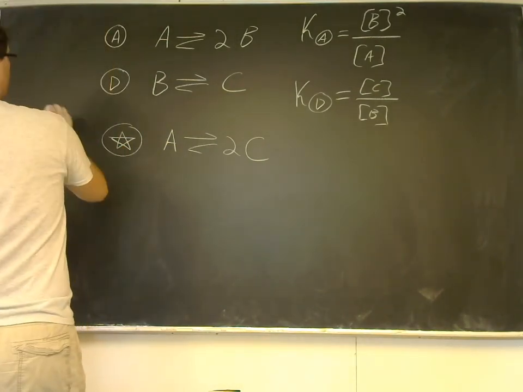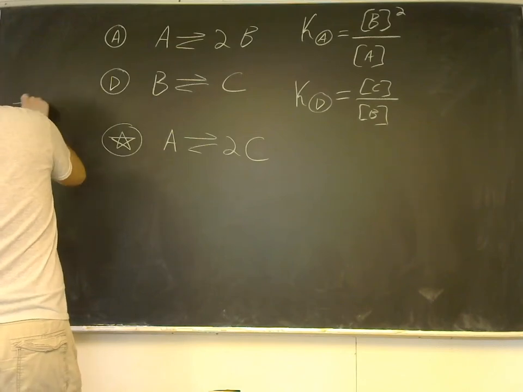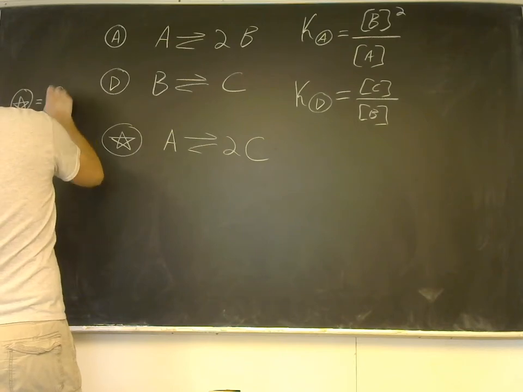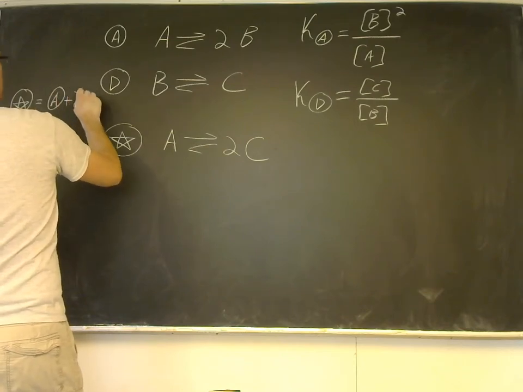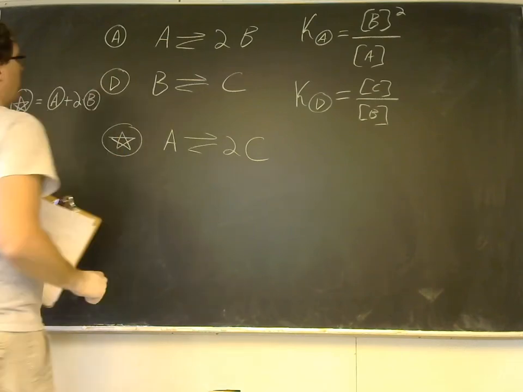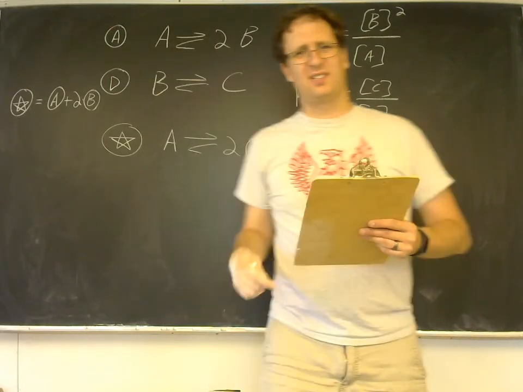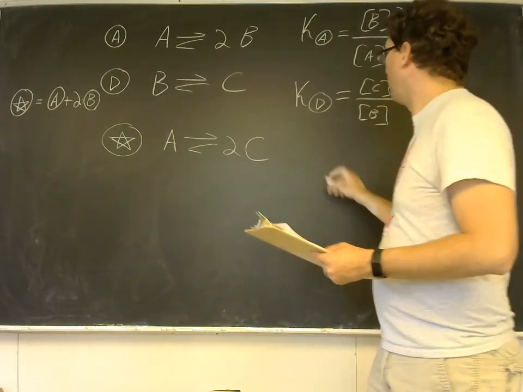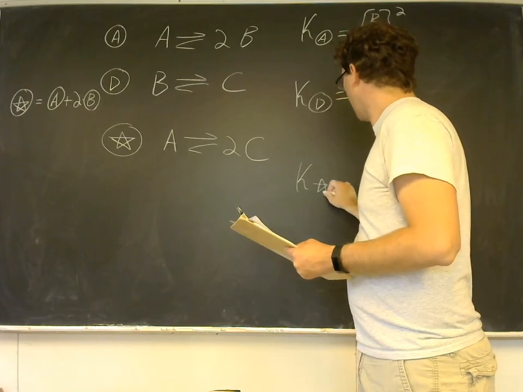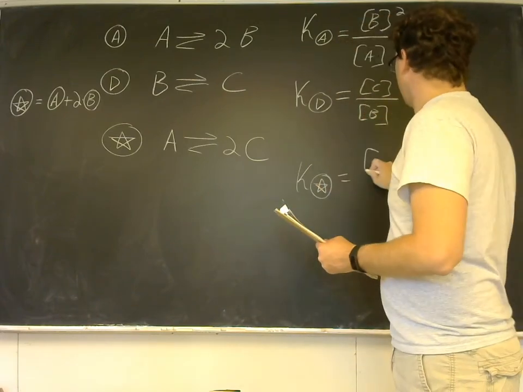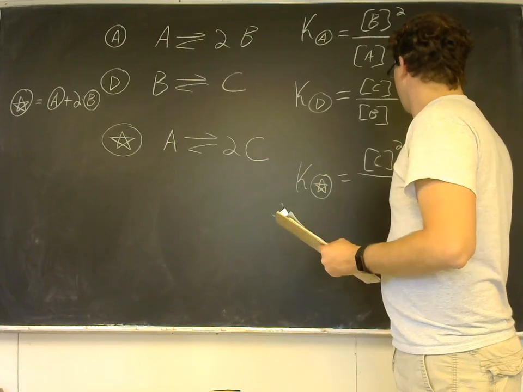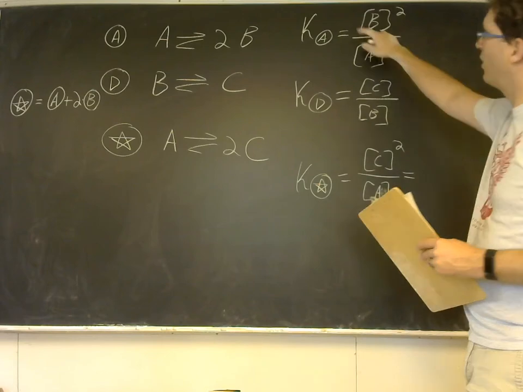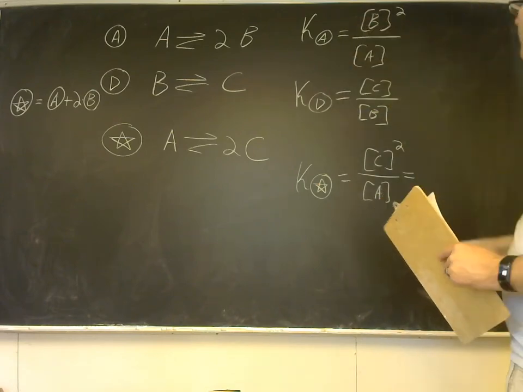Well, I would say that star is equal to reaction A plus 2 times reaction D. Again, this is kind of going back to some skills you learned in working with Hess's law. Well, what is going to be K star? That's going to be the concentration of C squared over the concentration of A. But can we express this in terms of these equilibrium constants we have here?